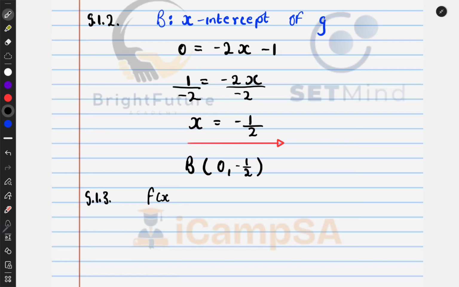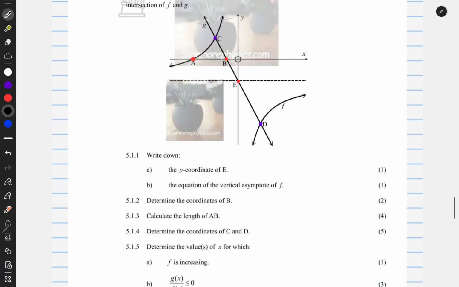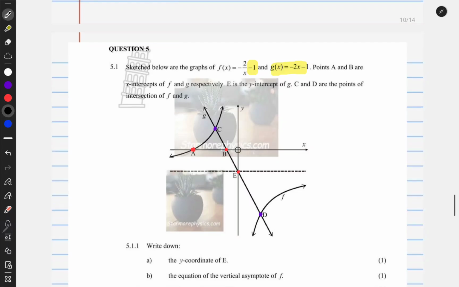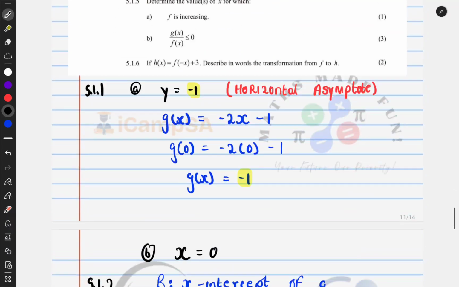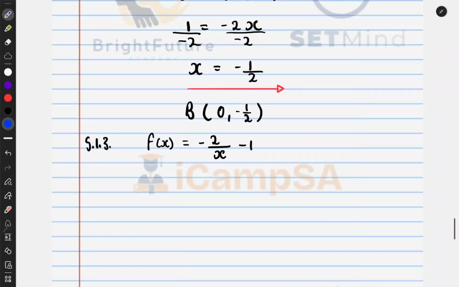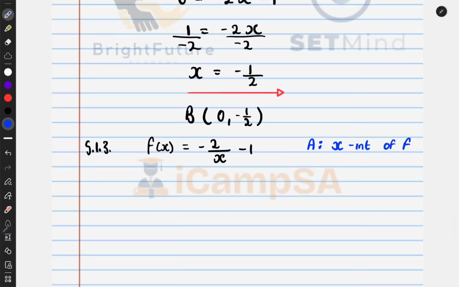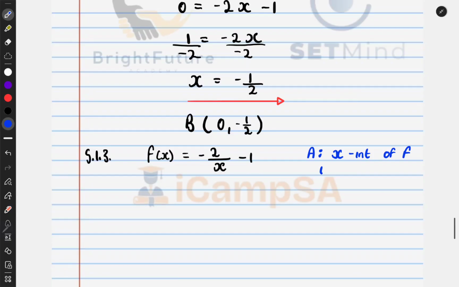Okay, so without wasting any more time, this is our 5.1.3. f at x is equal to -2 over x minus 1. Let's double check, it's -2 over x minus 1, and then we are saying A is the x-intercept of f, the graph of f. Okay, and then y is equal to 0 at that point.